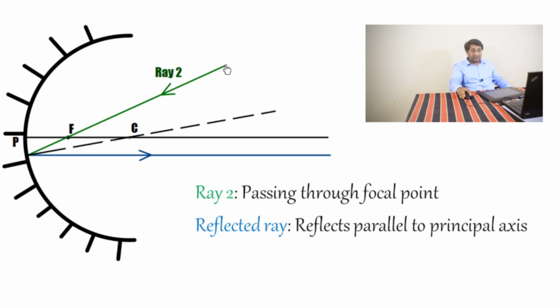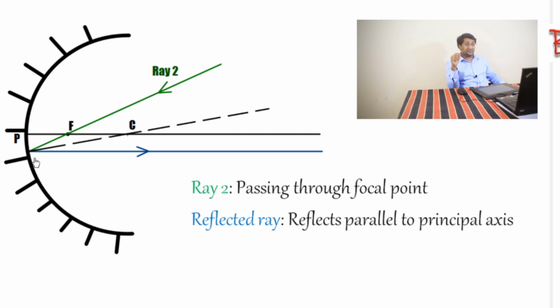Now ray 2 is projected in such a way that it passes through the focal point of the mirror and as soon as it is incident on the mirror, it becomes parallel to the principal axis, right? It's the reverse of the first case. Let's frame a sentence for this. Any ray passing through the focal point will reflect parallel to the principal axis. Once again, any ray passing through the focal point will reflect parallel to the principal axis.